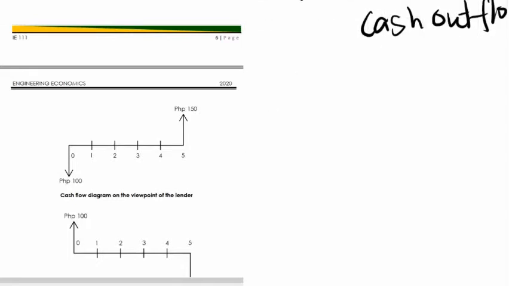you need to also remember the magnitude of your cash flow. So here, as you can see, 100 direction downward is shorter than the direction upward. So syempre ni 100 pesos mo basbasit ngem ni 150. So this is 100 pesos and 150 pesos longer, ang tawag na dito yun, natatidog.